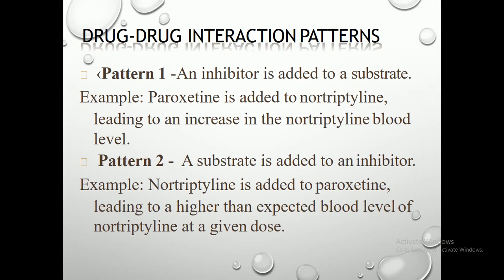Now we come to drug-drug interaction patterns. They can be classified into different categories. Pattern 1: an inhibitor is added to the substrate. Let's suppose I add an enzyme inhibitor to the substrate. What will happen?